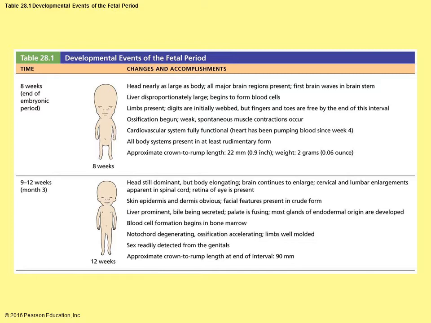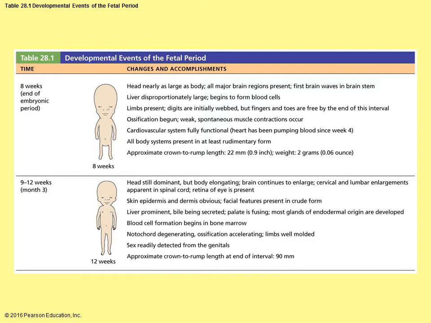If we look over the following table that shows progressively the development events in the fetus at 8 weeks, which is the end of the embryonic period, you'll notice that proportionally the head is very large. This, as the development continues, proportion-wise will change. The liver appears very large. It's actually starting to form blood cells. You do have the first brain waves that can be detected.